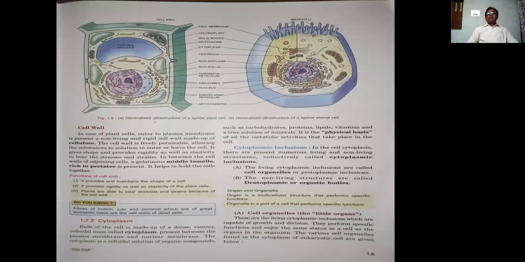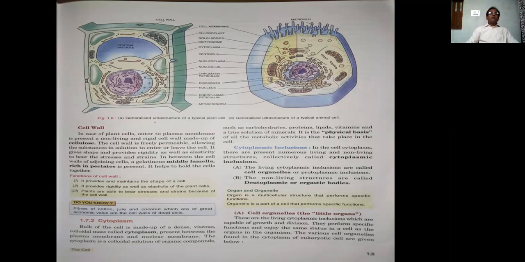When we study the cell, we will study the plant cell and animal cell. In the plant cell, an extra covering is formed around the cell membrane, and that is the cell wall. The cell wall is generally made up of cellulose that gives rigidity to the plant cell.